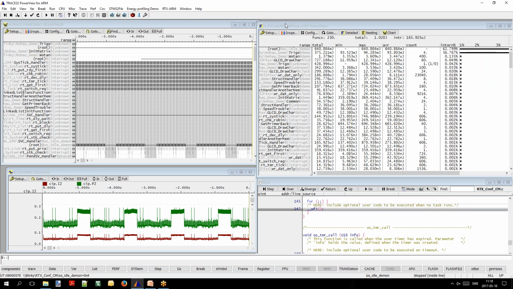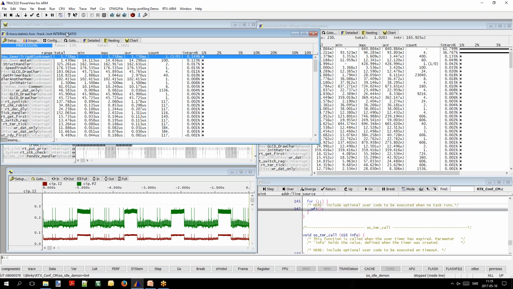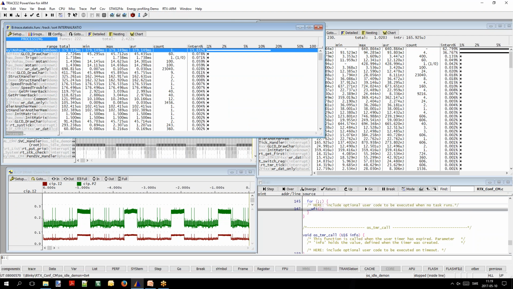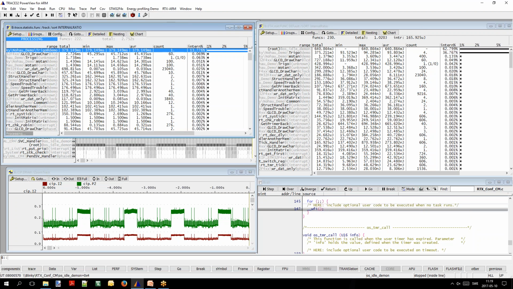Okay, so first of all, what we're going to look at is how much energy each function is taking. We see here that Trigo takes about 37%, and idle is around 62%. We can then also see how much time we spend in each function.